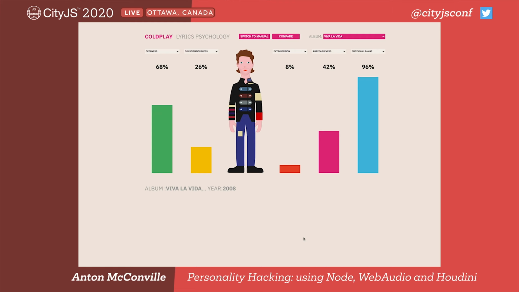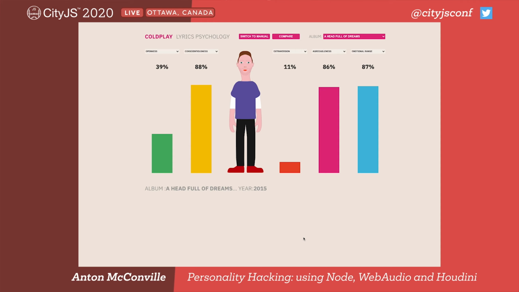But it's neat to look through this cycle of animation because you can see album by album that things are changing. The lyrics are measuring differently for each of these personality traits. You can see here, for example, Head Full of Dreams is a bit more upbeat. Everyday Life is certainly a more serious album.